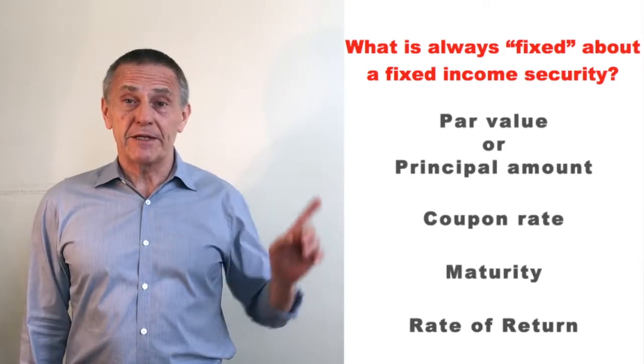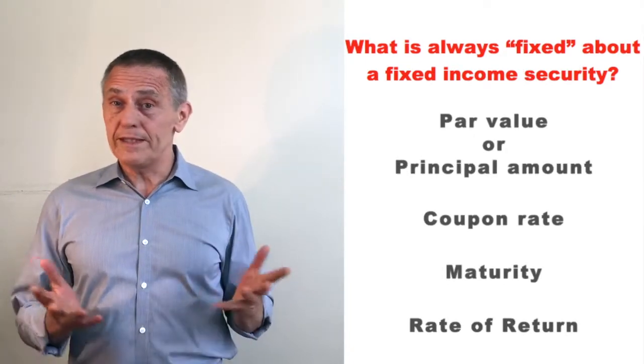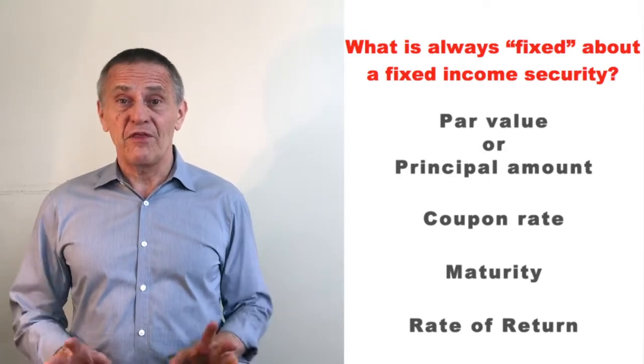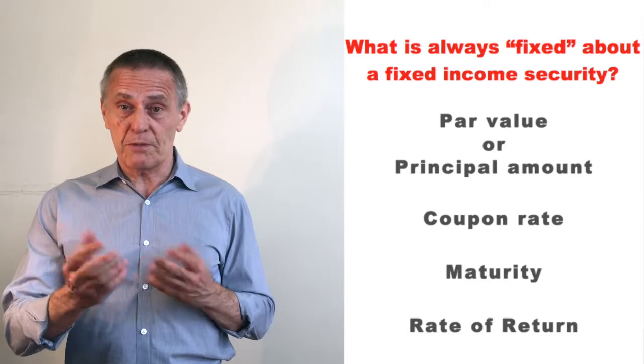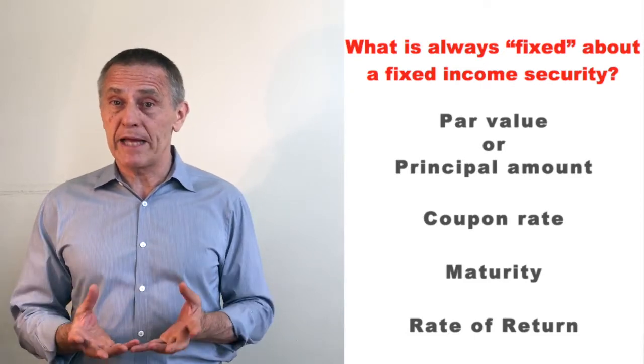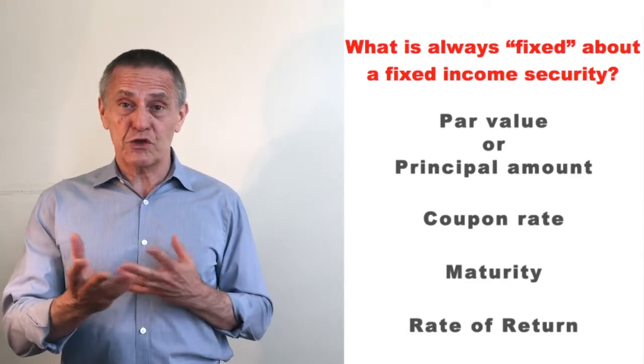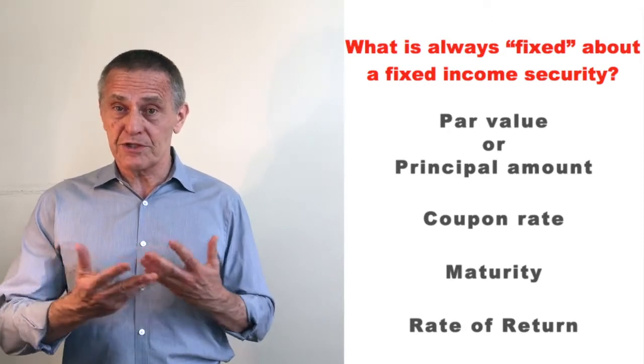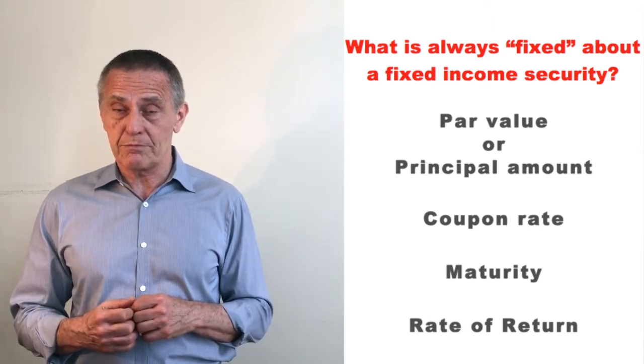So if none of these items fit the bill, what is always fixed about a fixed income security? That is the relationship between the bond issuer and the bond investors, the contractual relationship that establishes the rights and obligations that exist between those two counterparties.